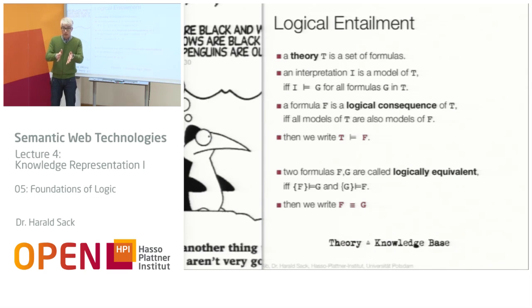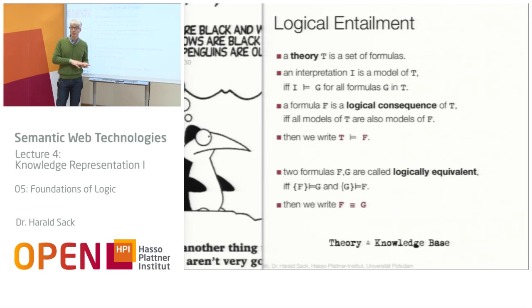Okay, let's take a look at logical entailment in first-order logic. We have a new concept. It's called a theory, and a theory is a set of formulas. And therefore, a theory is pretty much the same as a knowledge base. So then an interpretation I is a model of T only if for all formulas G in T, I is a model.